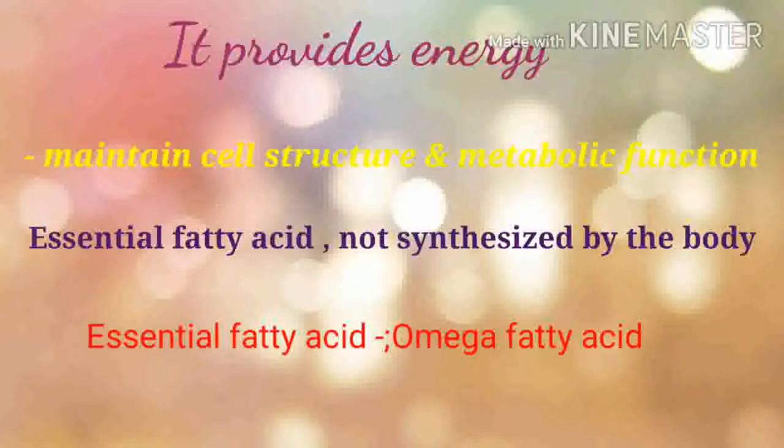Like that here in fat also, the essential fatty acid is not synthesized by the body. So how can we get this essential fatty acid? Only through the food, through the diet we are taking. These fatty acids, particularly in human nutrition, are omega fatty acids.